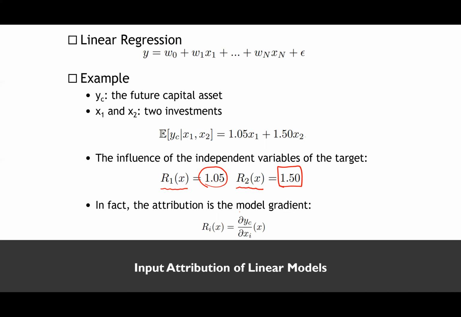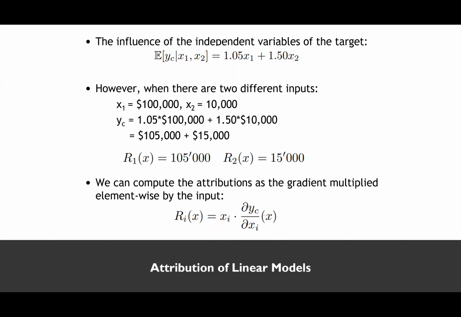So in fact, the attribution is modeled like this: the attribution of input i is the partial gradient of the output with respect to xi, when we plug in the value x. So the influence of the independent variables on the target, the relevance scores, are 0.05 and 1.50.